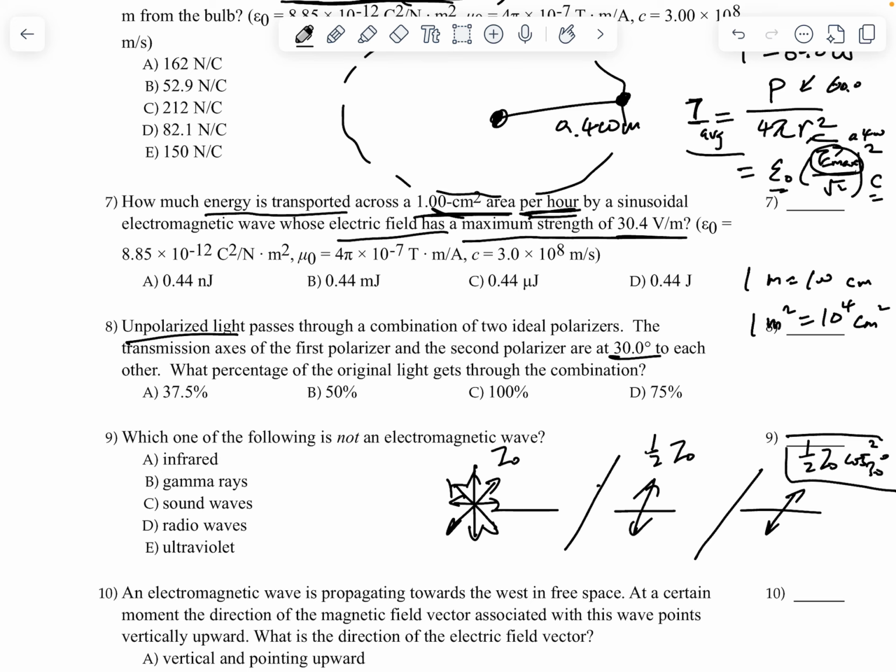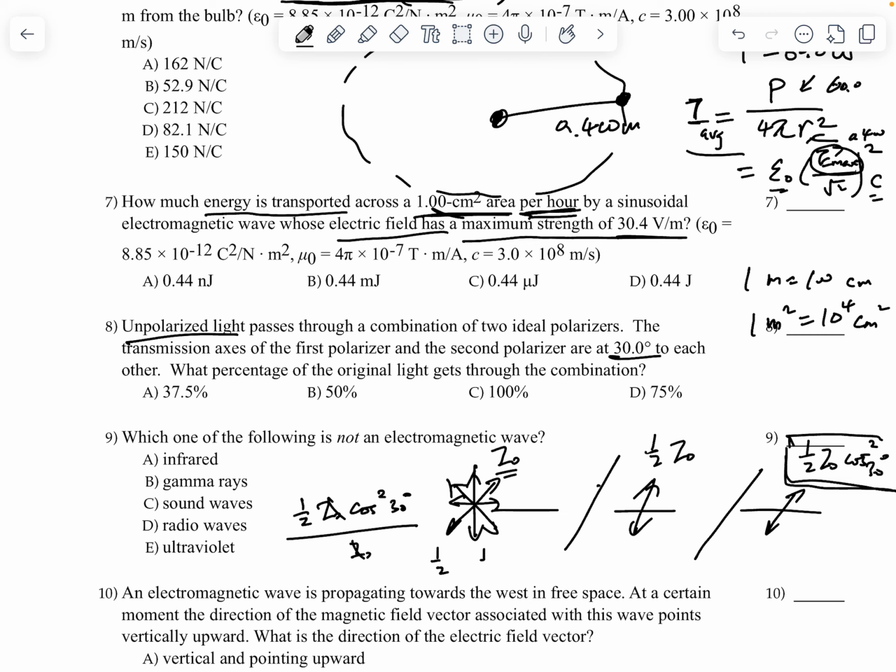What percentage of the original light gets through the combination? Initially it's I naught, so the ratio is one half I naught cosine squared 30 divided by I naught. So this is a half.